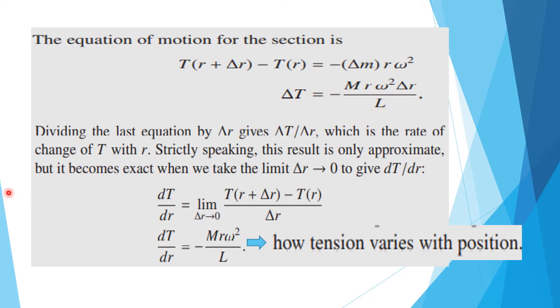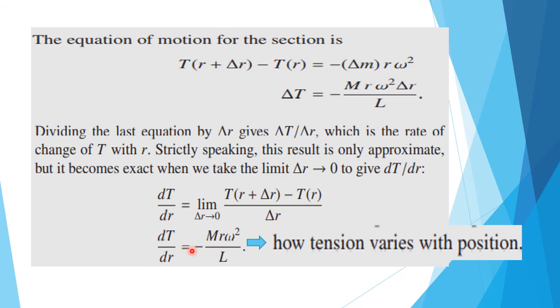So dividing the equation by delta r, we get delta T by delta r. We want to find the rate of change of T with respect to r, so we apply the limit delta r tends to 0 to give dT by dr. So dT by dr is equal to the limit delta r tends to 0 of T of r plus delta r minus T of r by delta r.